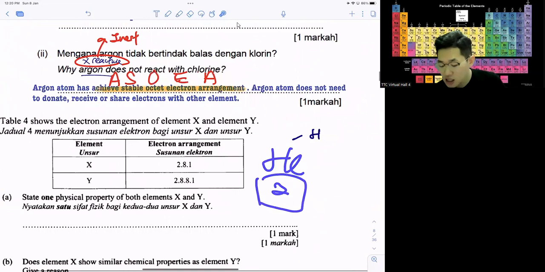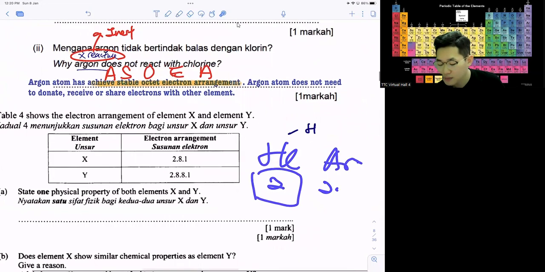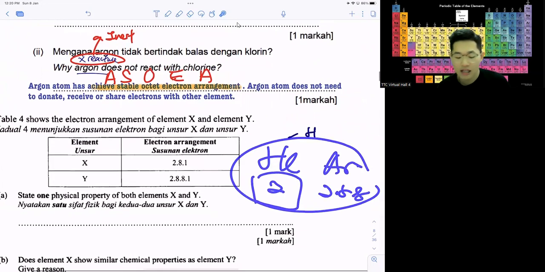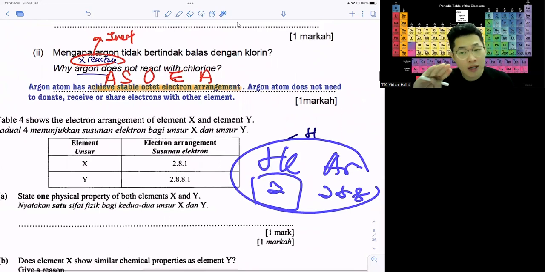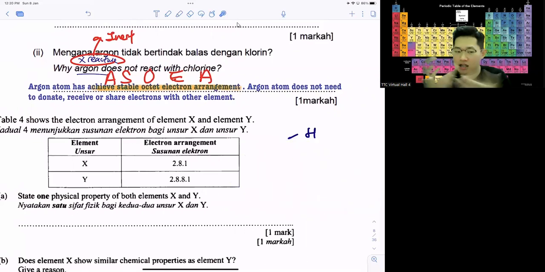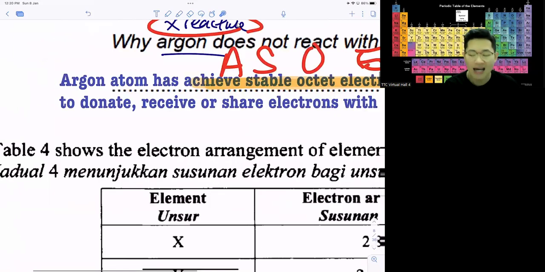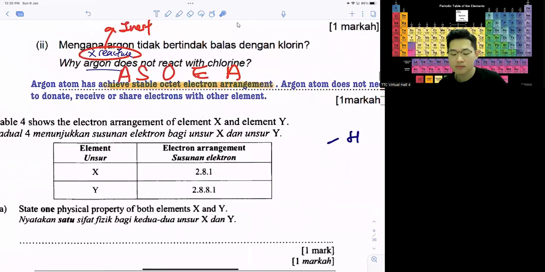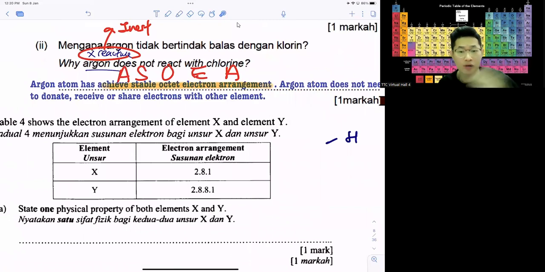If they give you helium and argon together, then you write stable duplet or octet. Depending on what they have: duplet, you write duplet; octet, write octet; both, write both. And then don't forget to write the word atom. So stable octet electron arrangement.